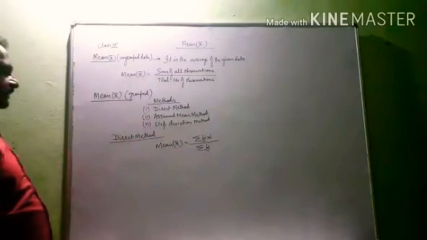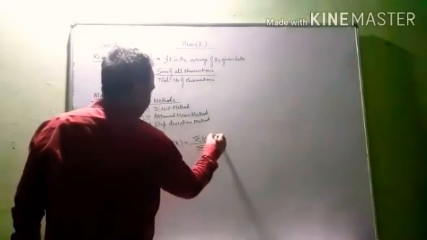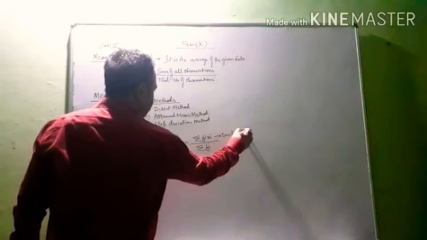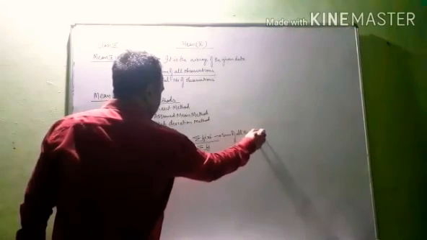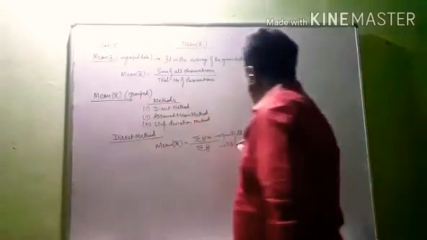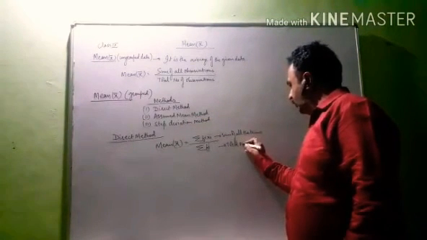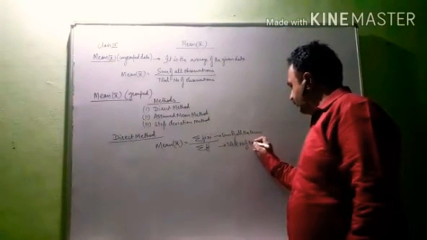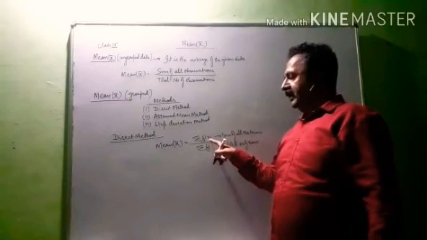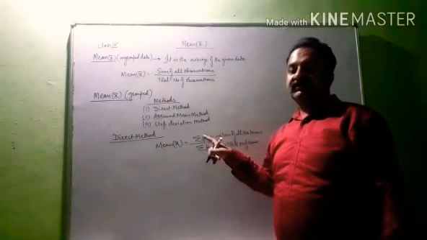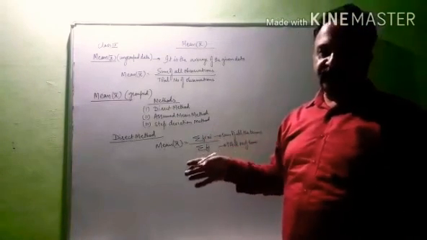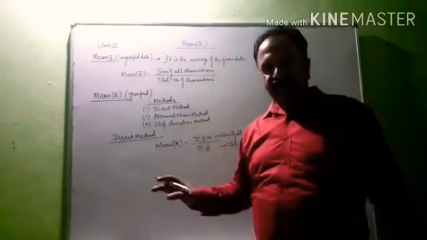Now sigma fi stands for sum of all the terms, and this stands for total number of terms. Fi stands for frequency and xi stands for class mark. So let's practice some questions with direct method.